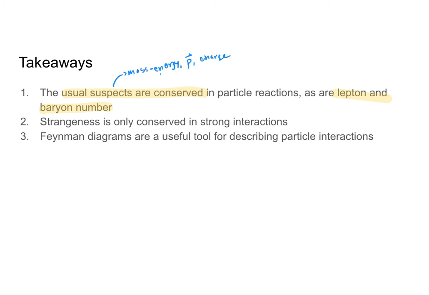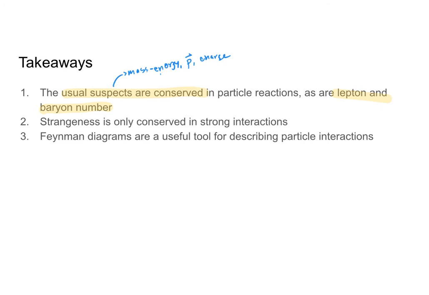And then also our lepton and baryon number are going to be conserved as well. So if we start out with a lepton and an anti-lepton, we're going to end up with a total lepton number of 0. So for example, an electron and a positron can't come together to create 2 electrons. So that's our first takeaway.